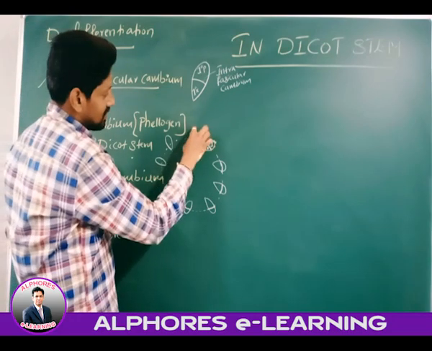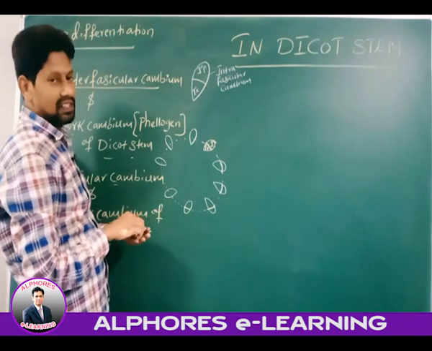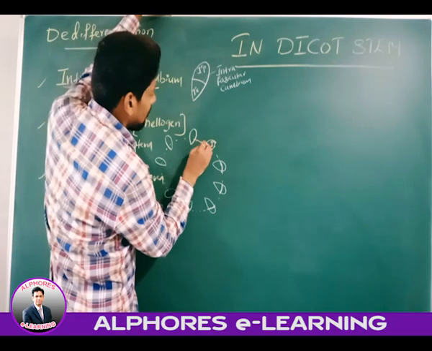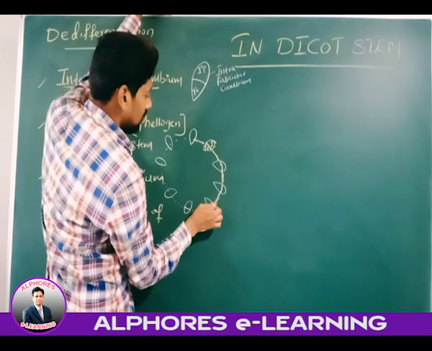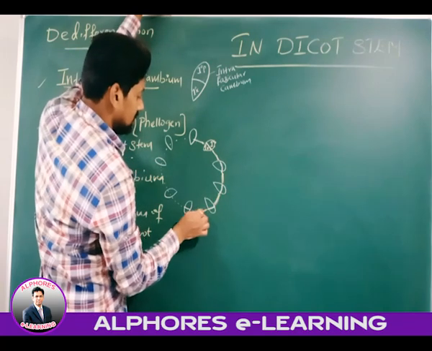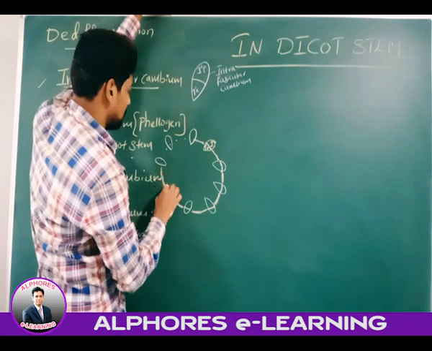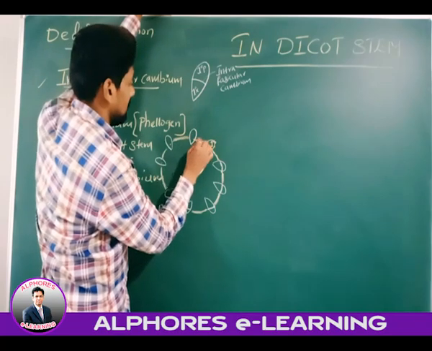This is a vascular bundle, this is a vascular bundle. I am speaking about between vascular bundles. In between vascular bundles, medullary rays are present in dicot stem. What are present in between vascular bundles, sir? Primary medullary rays are present.